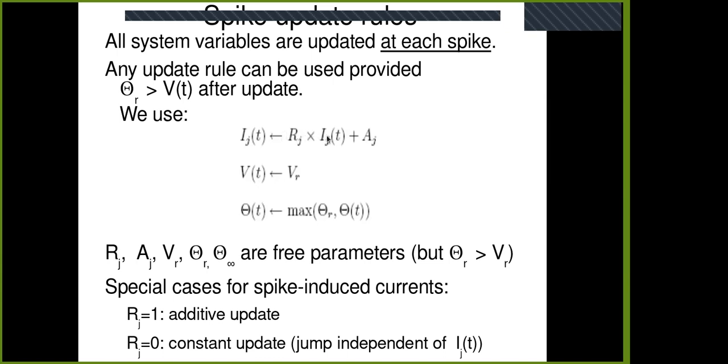Well, they are set to R times itself plus A. So basically you can add a constant, and you can multiply it by a number. That's the most general case. But for example, if you have R equal 1, then you just add something to it.